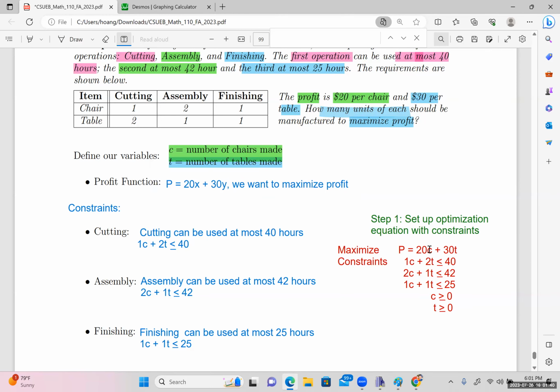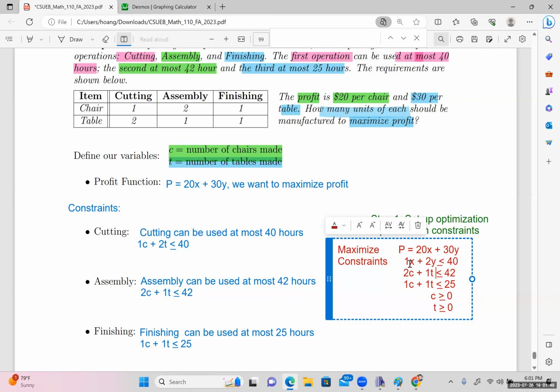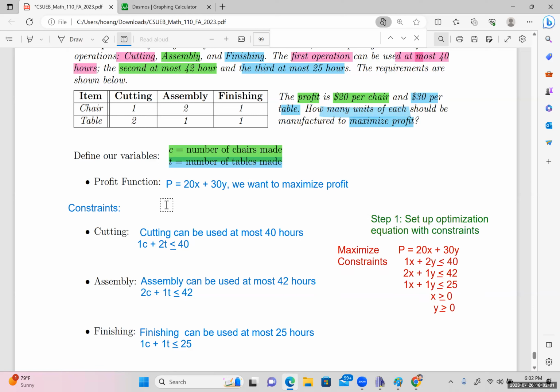So this is X, this is Y, X, Y, X, Y, X, Y, X, Y. Looks good to me. I also need to change this one. Let's change it to be X, and this to be Y. Okay.